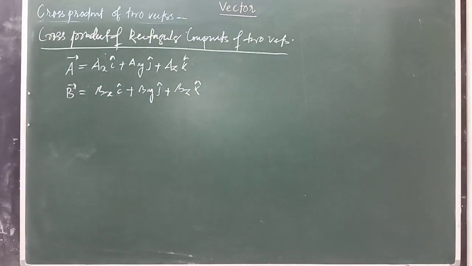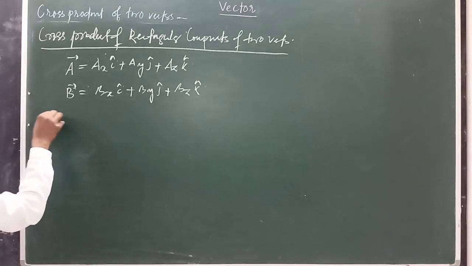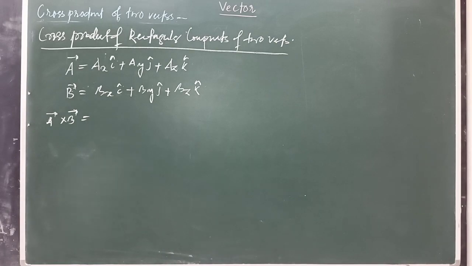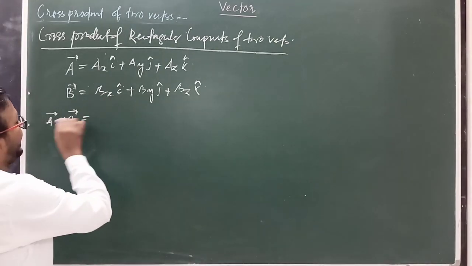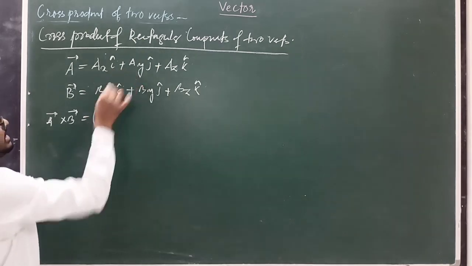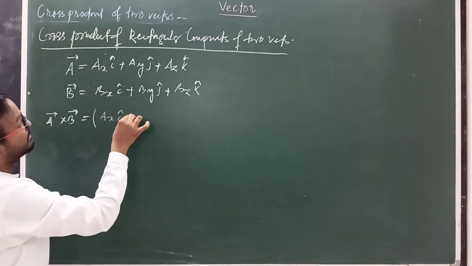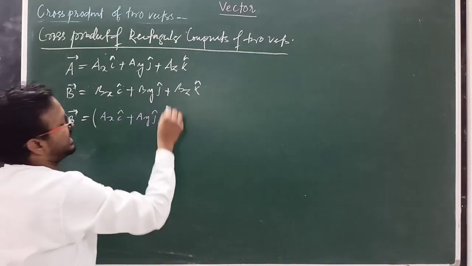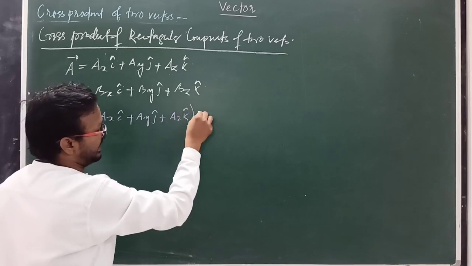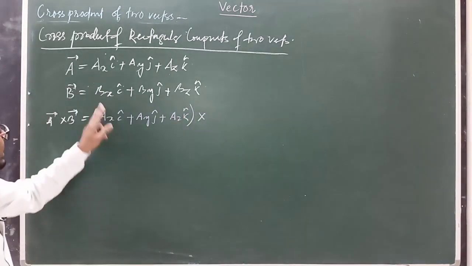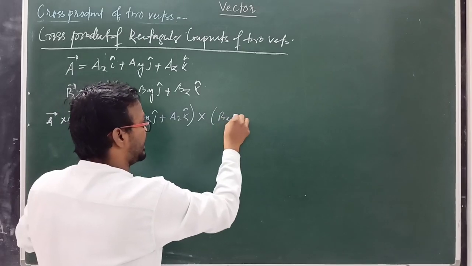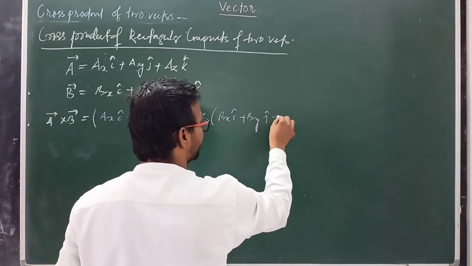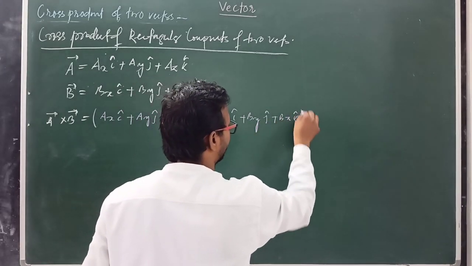Now we have to find A cross B. So A vector cross B vector equals how much? A cross B means first we write A vector, that is Ax i cap plus Ay j cap plus Az k cap, into, meaning cross, B vector, that is Bx i cap plus By j cap plus Bz k cap.